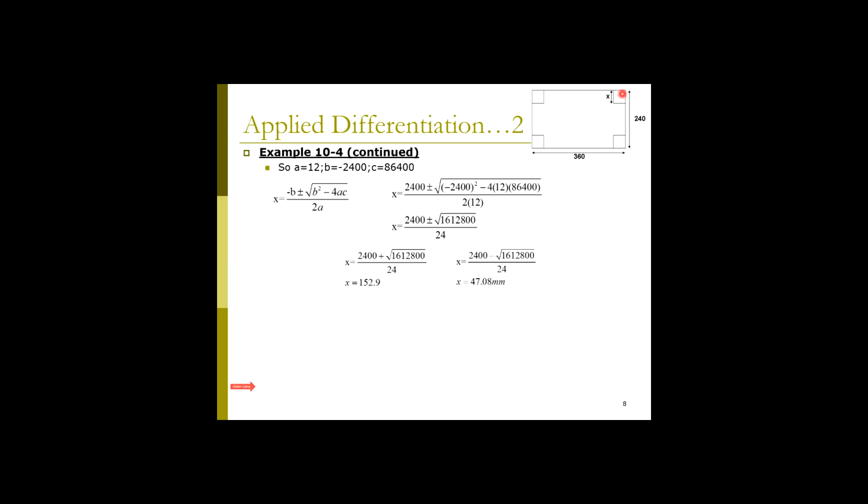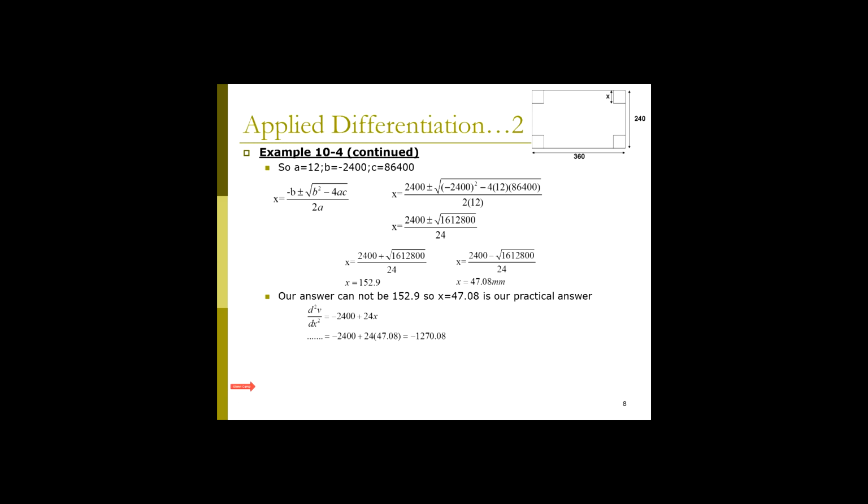So this then is our practical answer, because it simply can't be x equals 152.9, because that's not possible. We cannot subtract that from both sides here. So our practical answer is 47.08 millimeters.